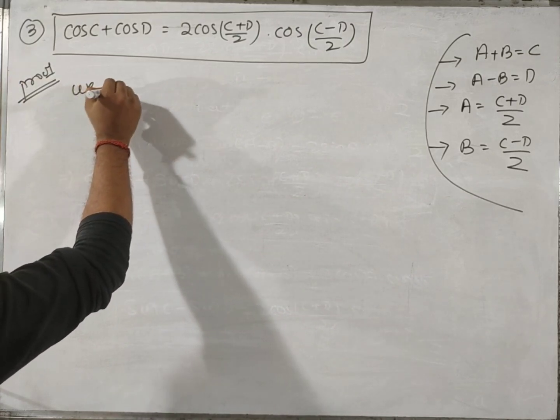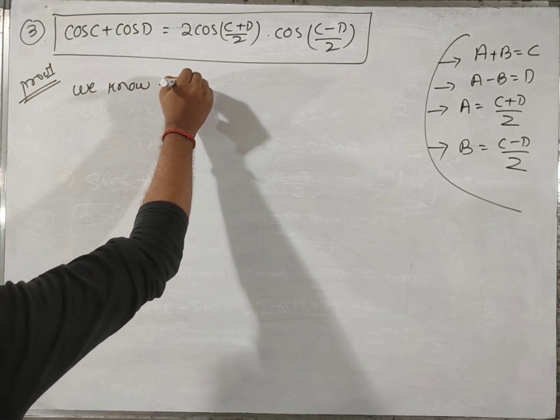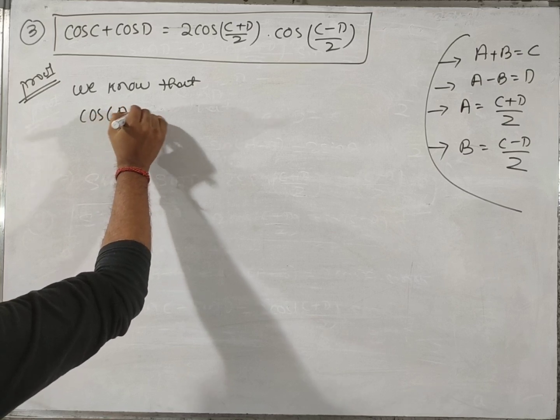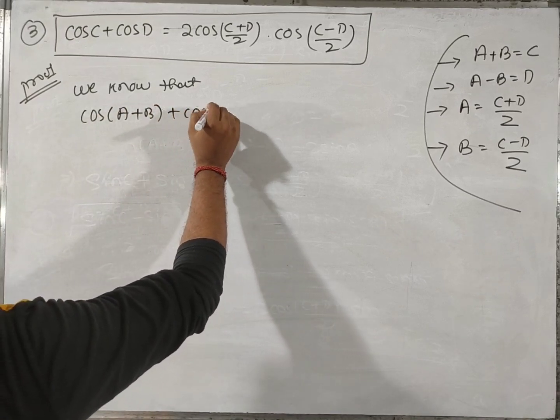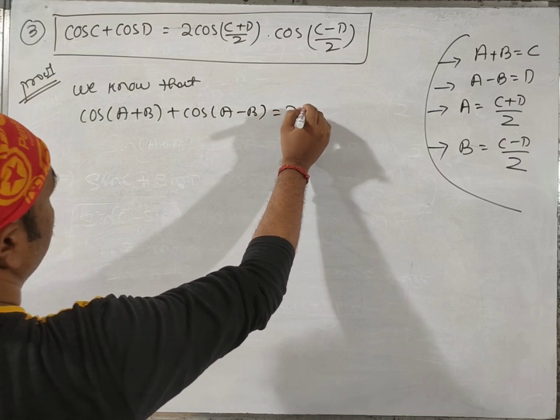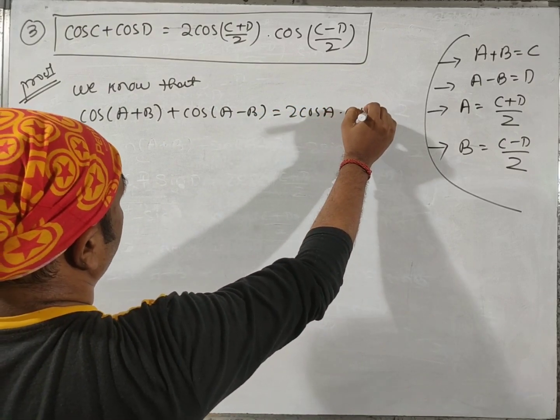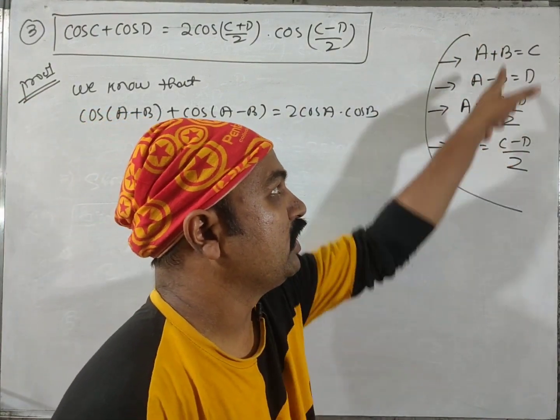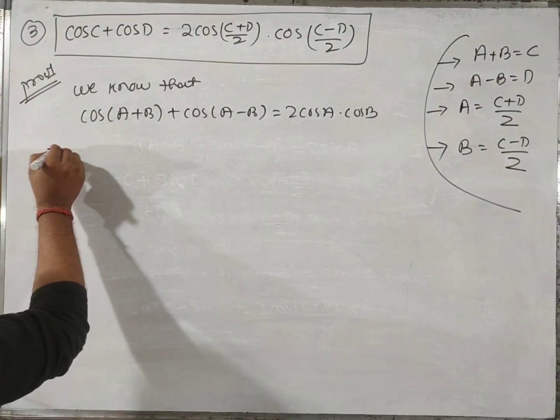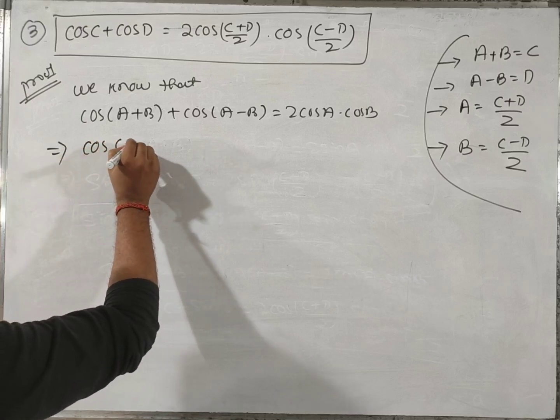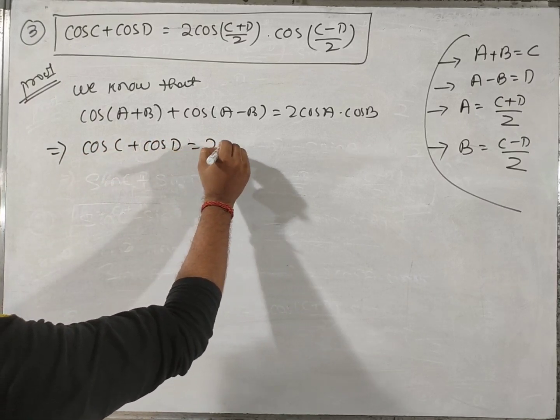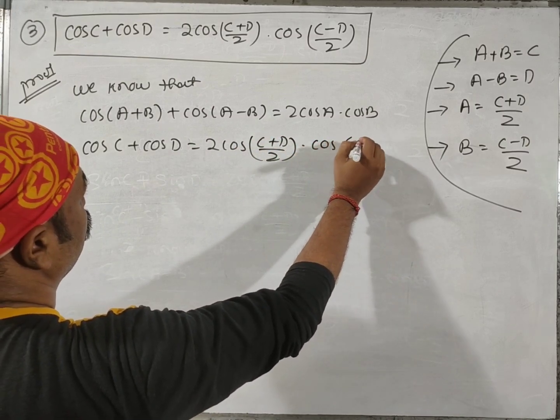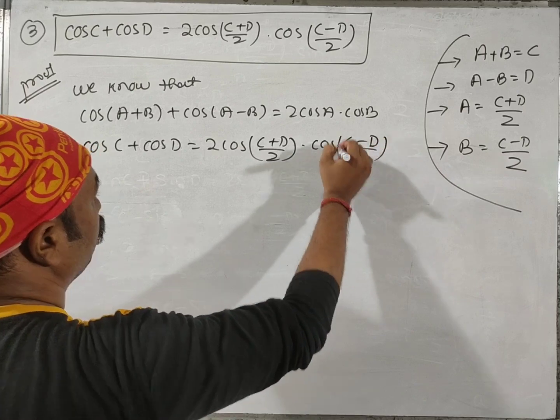We know that cos(A plus B) plus cos(A minus B) is equal to 2 cos A into cos B. Again, in this step, we have to put these four values, and now we get cos C plus cos D is 2 cos((C plus D)/2) into cos((C minus D)/2).